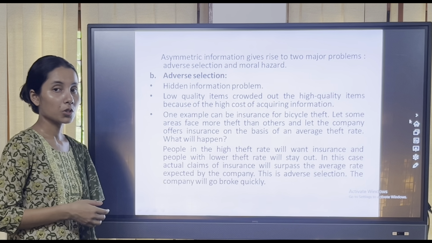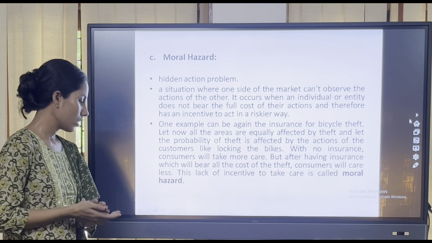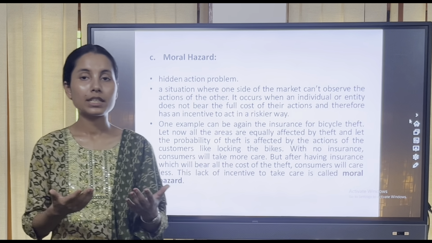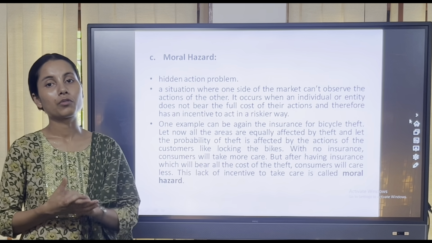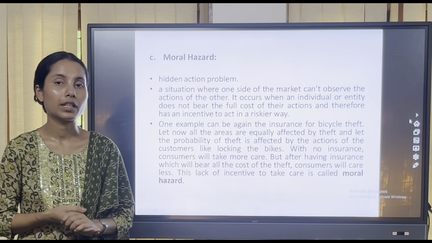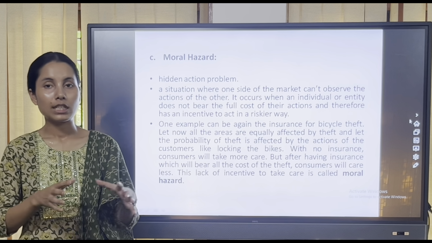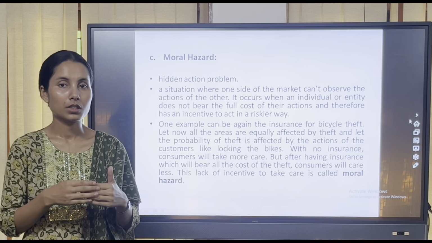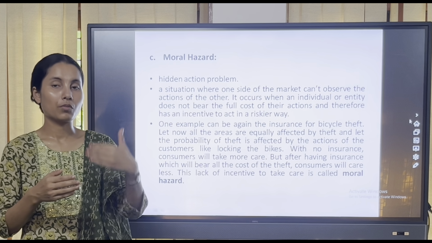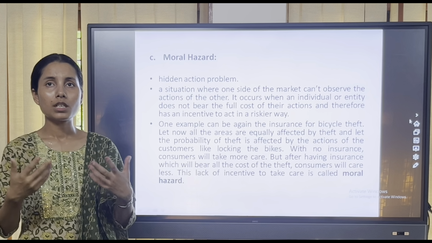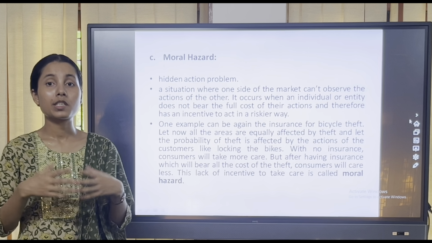Now next we come to moral hazard. What is moral hazard? We can also explain this with the same example of the insurance market, the insurance company offering insurance for bicycle theft. Now this problem occurs after the insurance is bought, not before buying the insurance, right? Suppose the circumstances change.